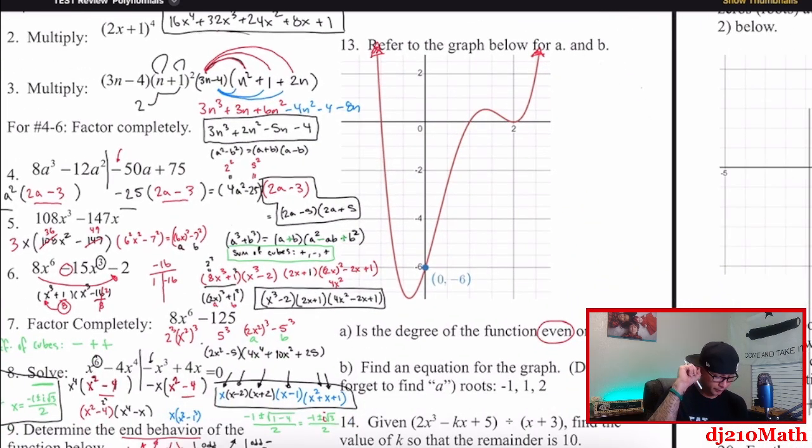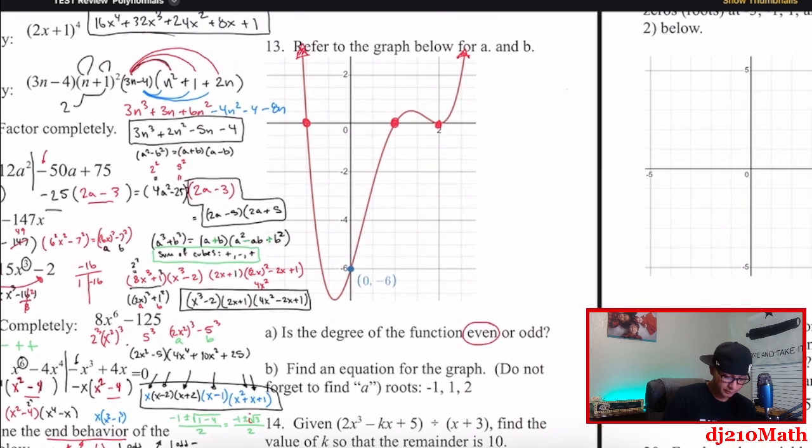Find an equation for the graph. Don't forget to find A. And it even gives you the roots. How nice. Negative 1, 1, and 2. So let's think about that. The roots are x equals negative 1, x equals 1, x equals 2.